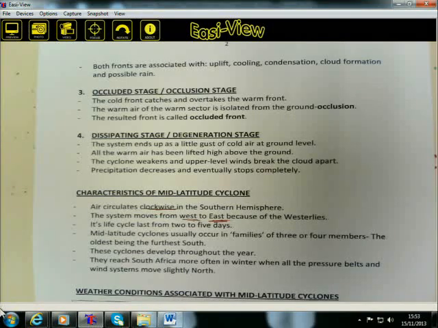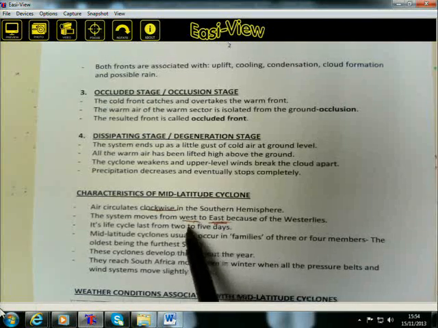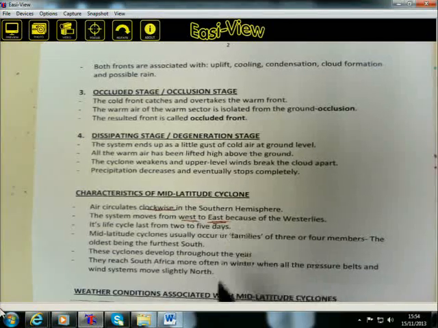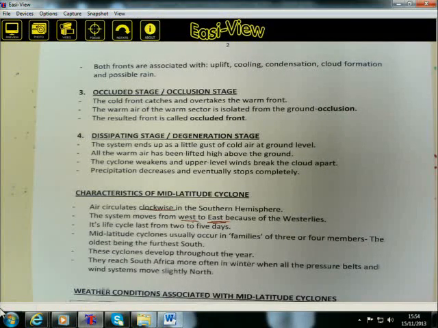And the whole system moves from west to east, meaning that the mid-latitude cyclones, after being formed, will move from west to east. That is the direction of the whole system. The reason why the mid-latitude cyclone is moving towards the east is because of the westerlies.